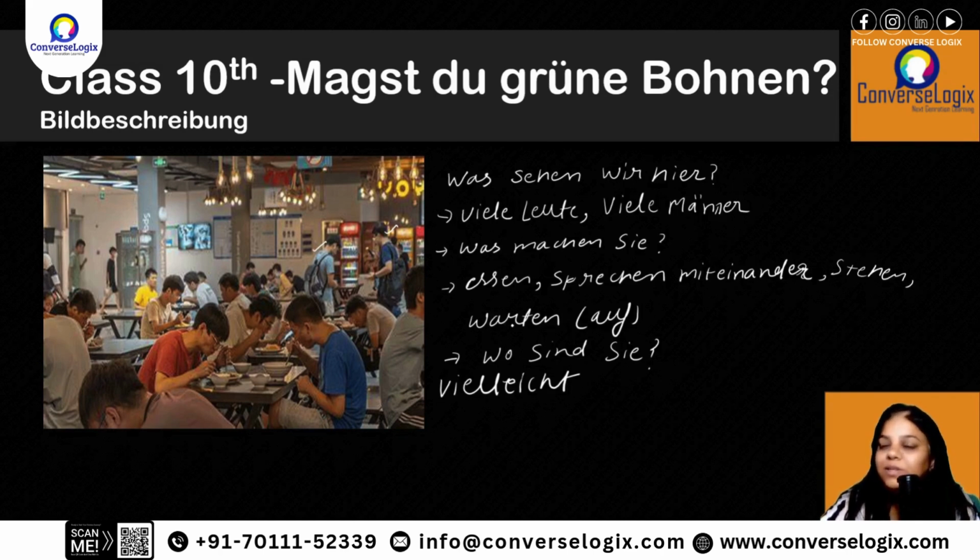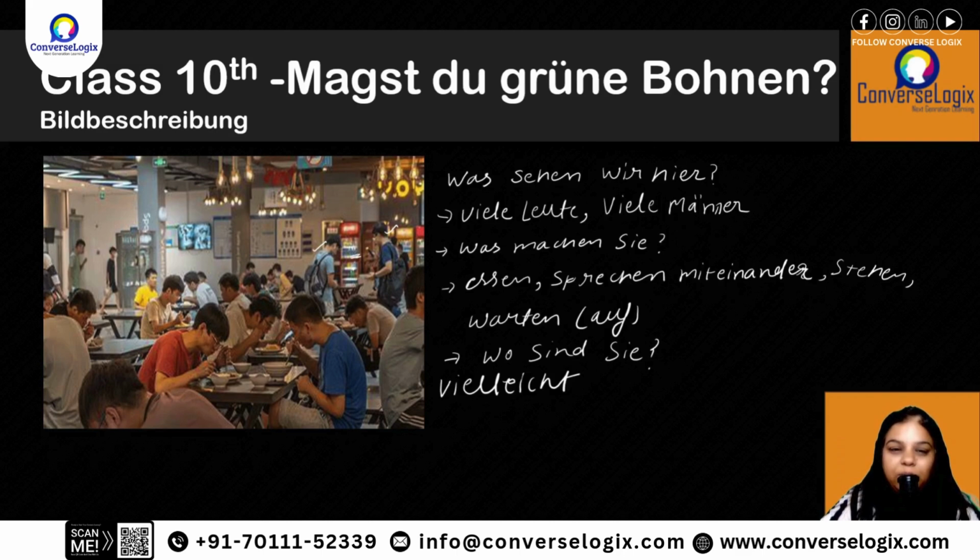So, was ist wichtig für Bildbeschreibung? Dass wir sehen, wir sprechen, wir machen viele Sätze, wir bilden viele Sätze, und wir suchen neue Wörter. Zum Beispiel, hier sieht man auch die Lichter. Es gibt viele Lichter, das sind die Lichter. Ja, man sieht auch einige Leute essen, und es gibt auch Getränke.